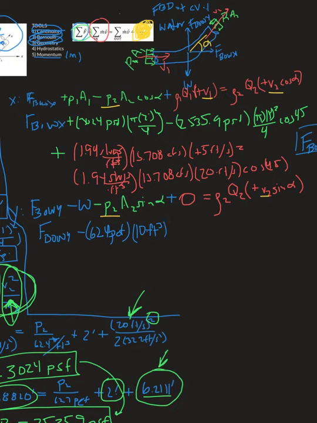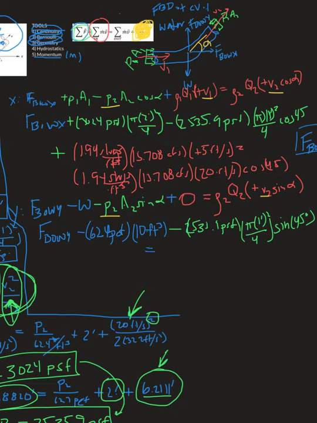Minus P2, which is going to be 35.9 PSF, so we need to multiply that by square feet: pi times 1 foot squared over 4 times the sine of 45 degrees. And then let's go ahead and get equals.